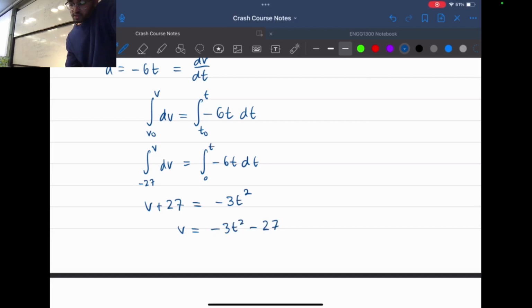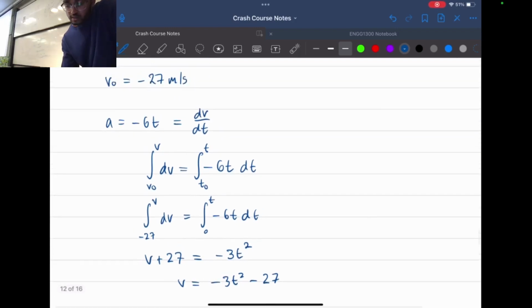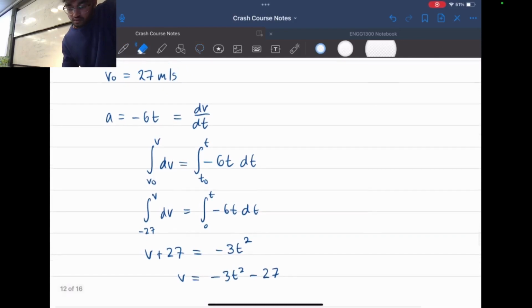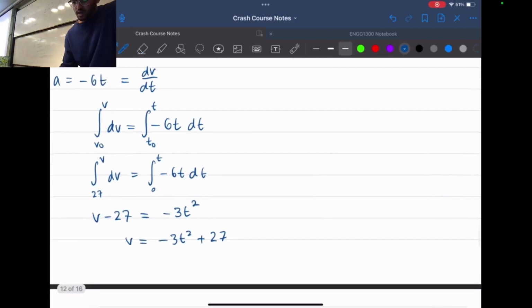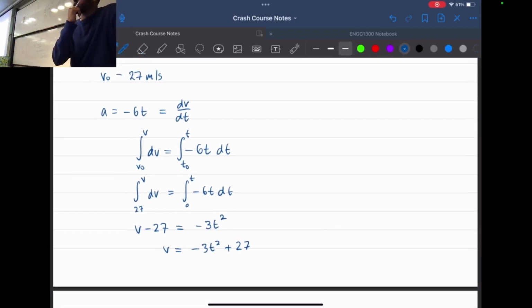That poses a problem because t squared becomes negative. We can take v0 as positive. Let's work with that for now. We're pretty much trying to find what the position is when v is equal to 0.